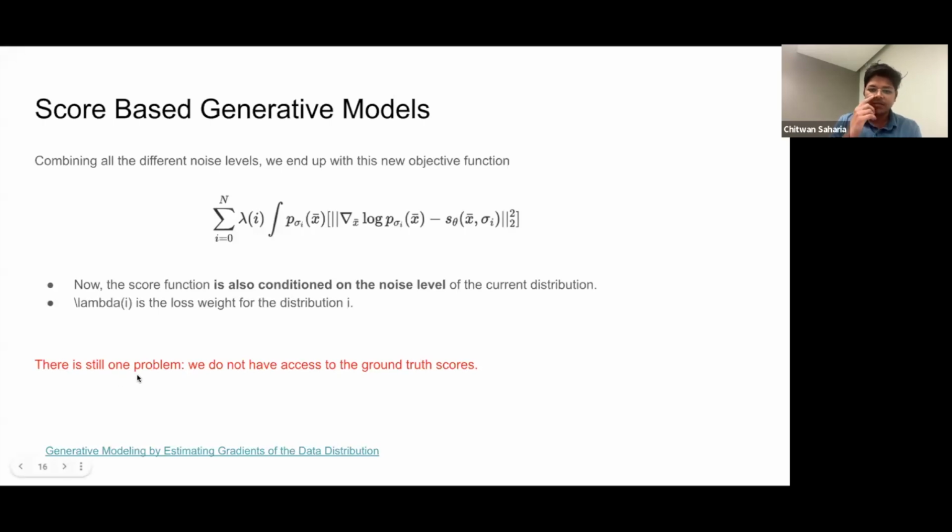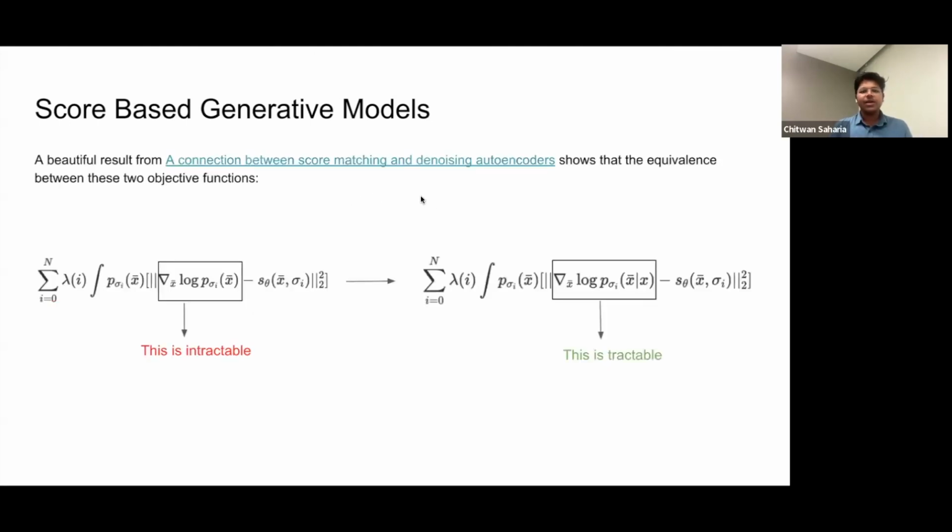There's also still one problem that we haven't really solved here, and that problem is that we still don't have access to these ground truth scores, right? And we somehow need to compute them. So here again, I would make one very big leap, and I would really encourage you all to read this paper from 2011, where there was this beautiful result that this quantity here is exactly the same as this quantity here, in the sense that if you train the model on these two objective functions, you end up learning the same score function.